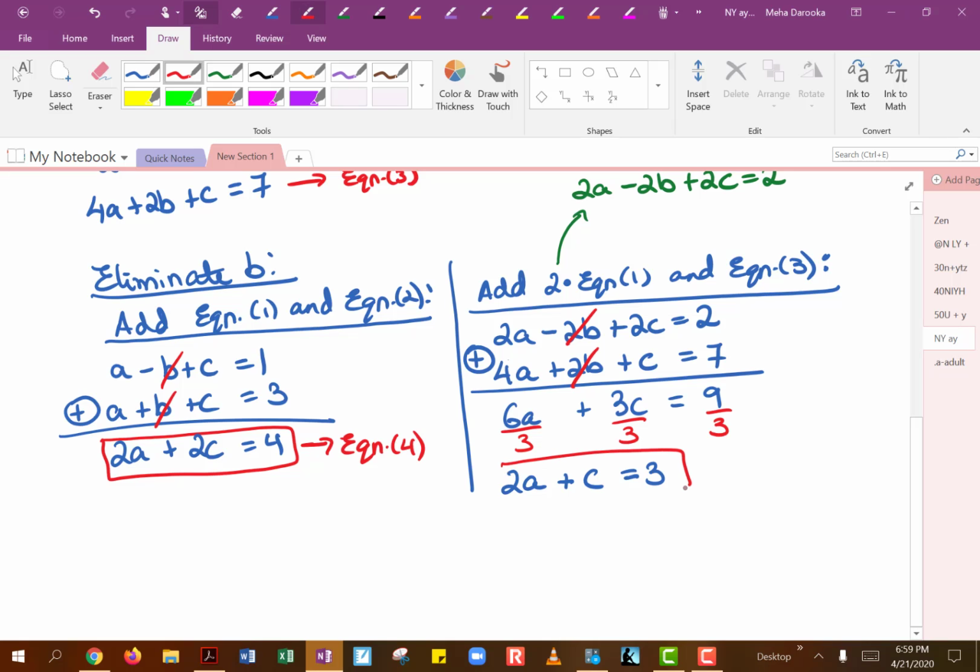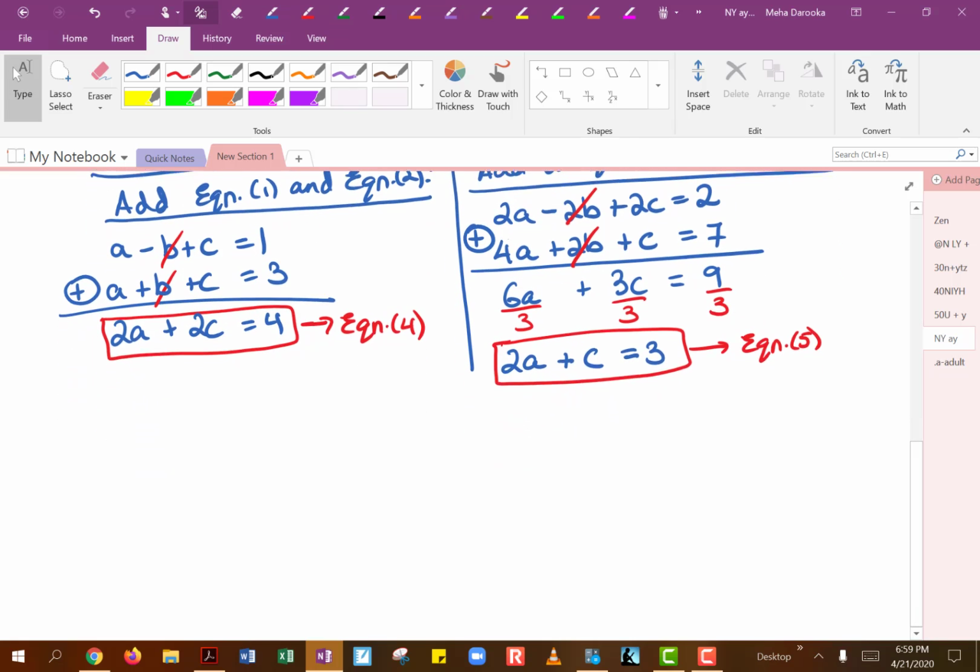So you can simplify this equation, and our equation 5 will now be 2a plus c equals 3. And like I said, if you don't simplify it, it's okay. It will clean up when you move forward.